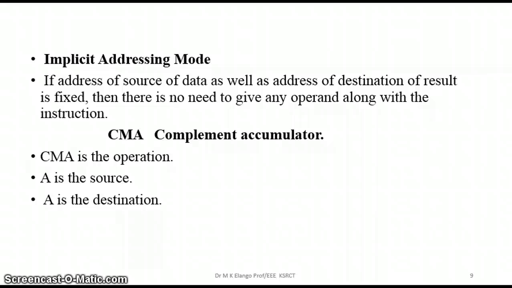Now I conclude what I explained. For the past 8 minutes, I have explained addressing modes of 8085 microprocessor: the basic concept, how the microprocessor accesses the data for its operation. The way in which the microprocessor accesses the data for its operation is known as addressing mode. It has 5 types: direct addressing mode, register addressing mode, register indirect addressing mode, immediate addressing mode, and implicit addressing mode.